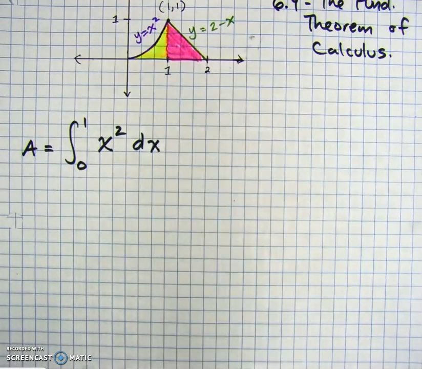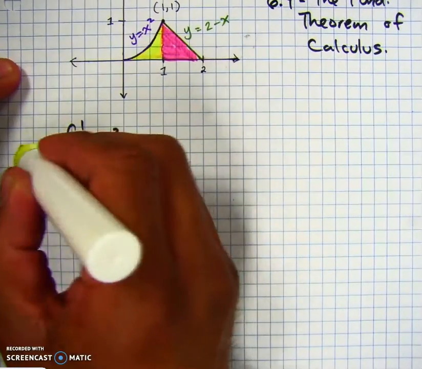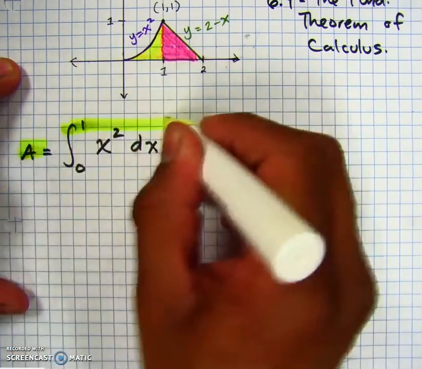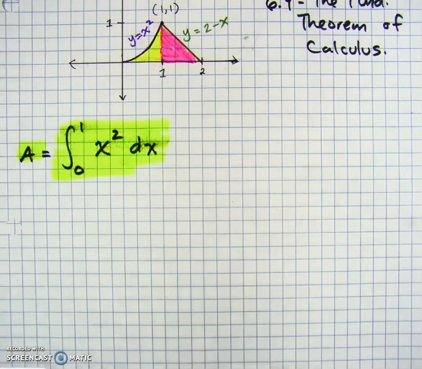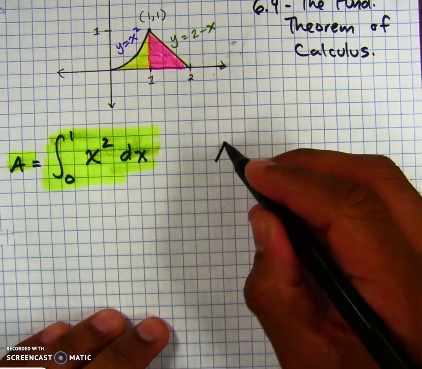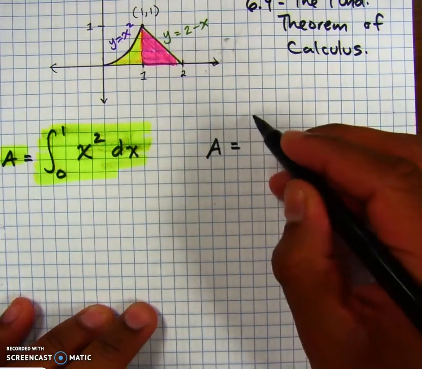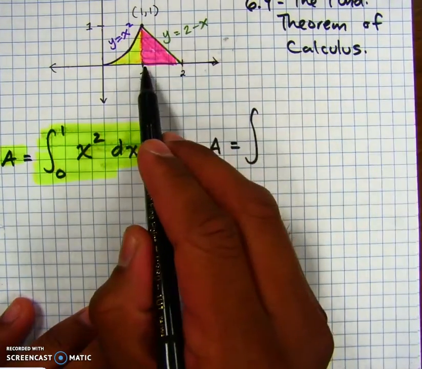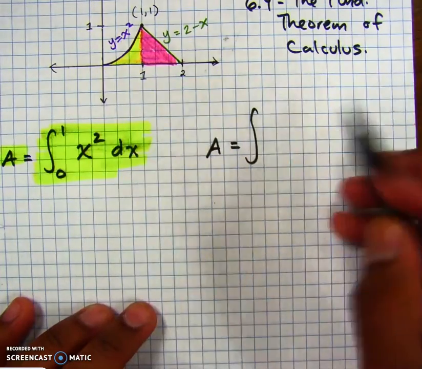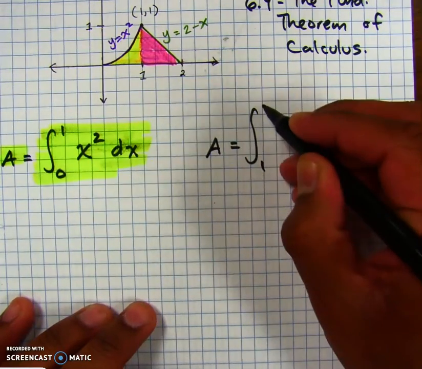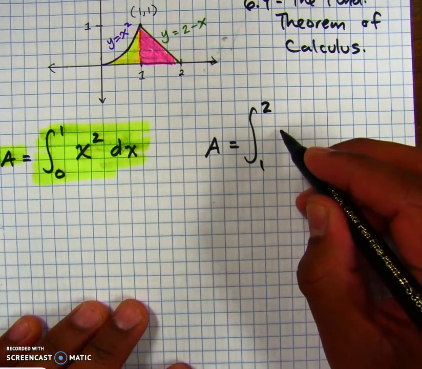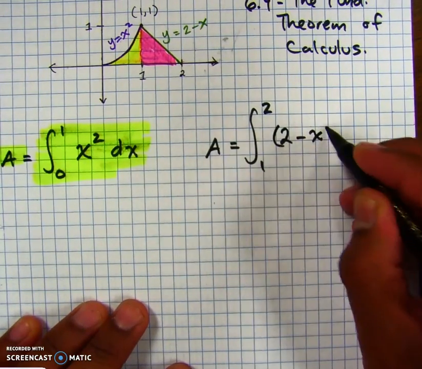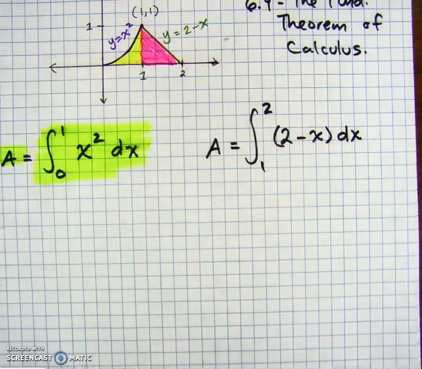So this is for area that's in yellow. For the area that's in pink, we have the integral. The pink doesn't start from x equals 0. The pink starts from x equals 1 all the way to 2, and it's for the function 2 minus x dx.